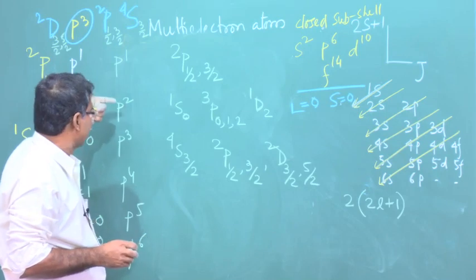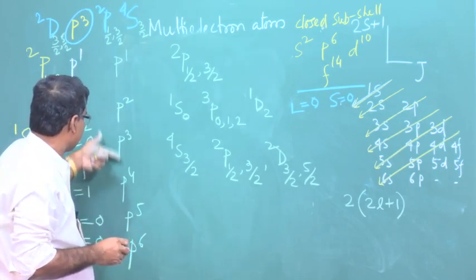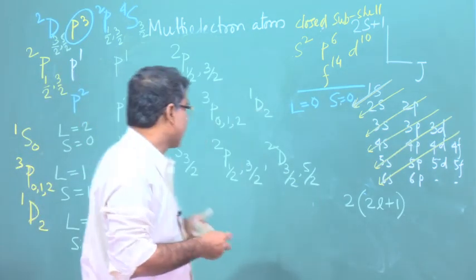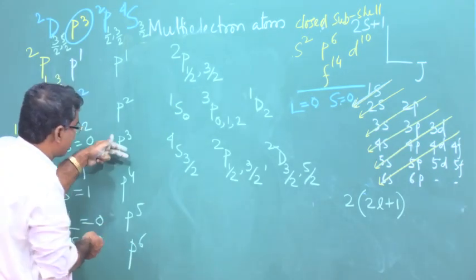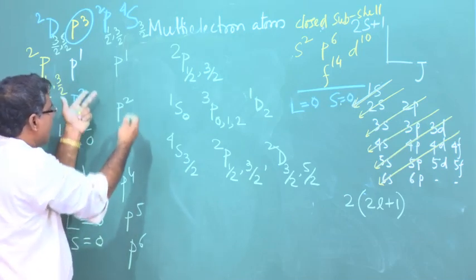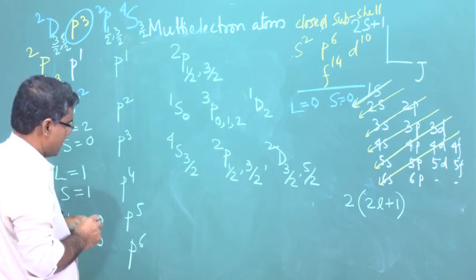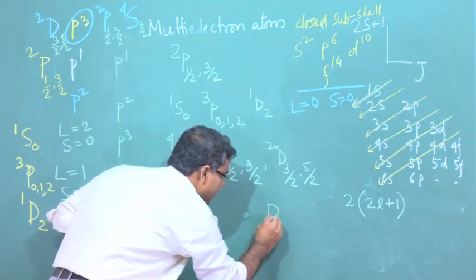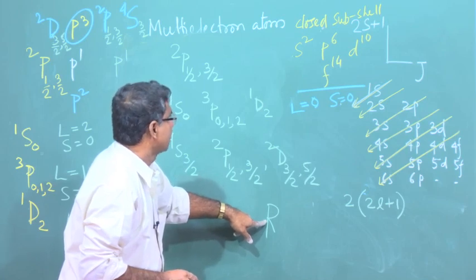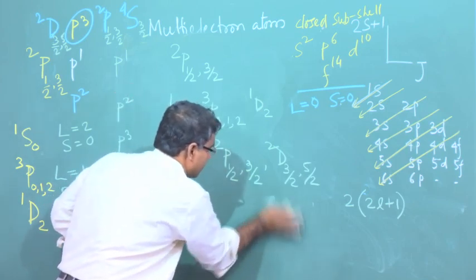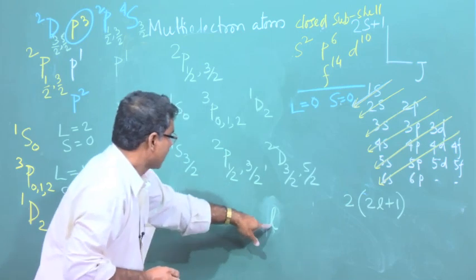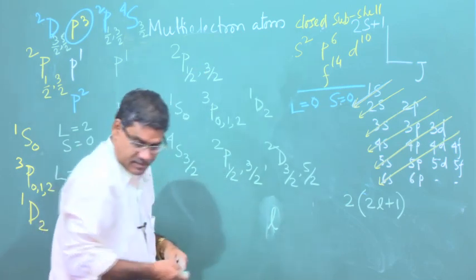So for either s orbitals, p orbitals, d orbitals, or f orbitals, for any orbitals, let me write L, but it may be confusing.